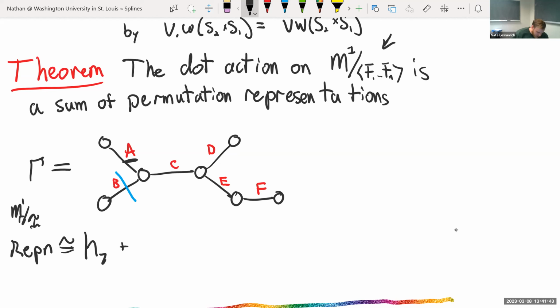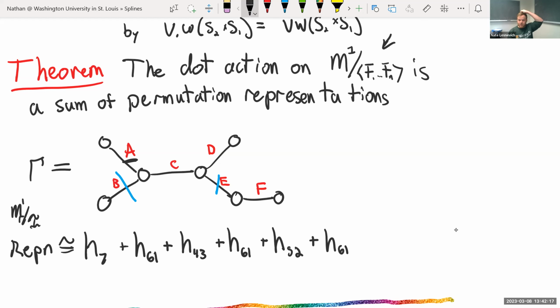If we cut at C, we have a 4 and a 3. D gives us a 6, 1. E gives us a 5 and 2, right? And then F will give us our last piece at 6, 1.